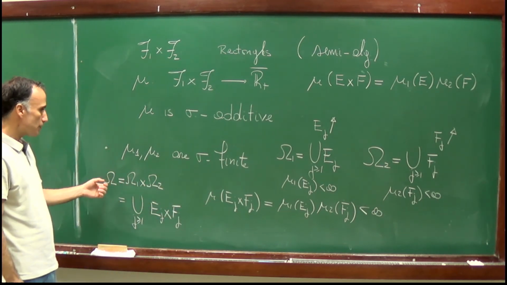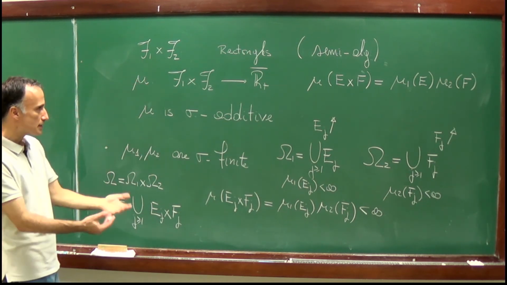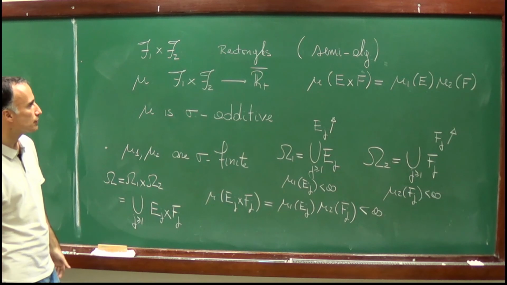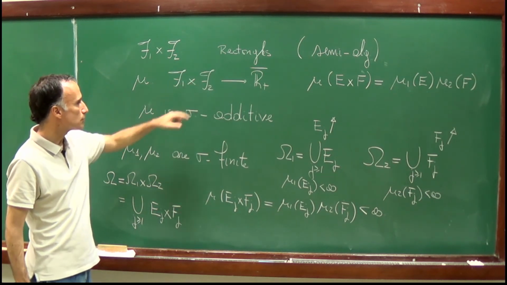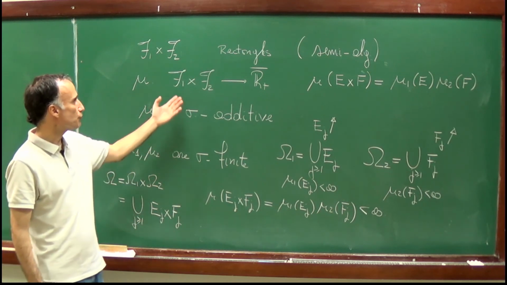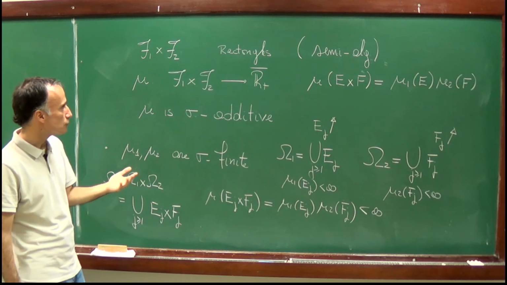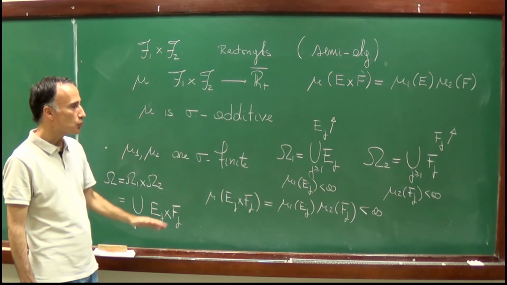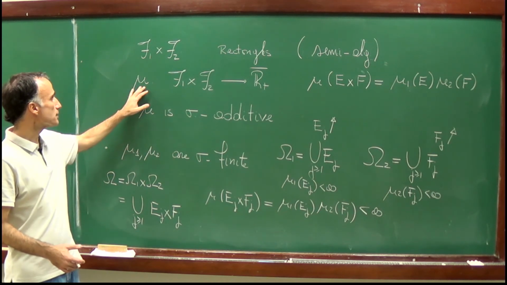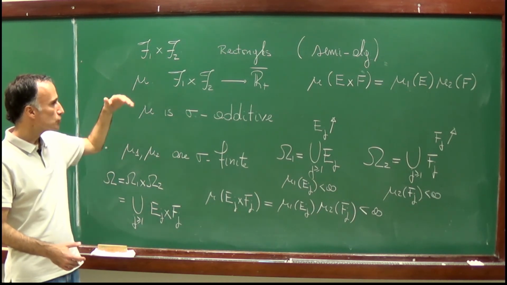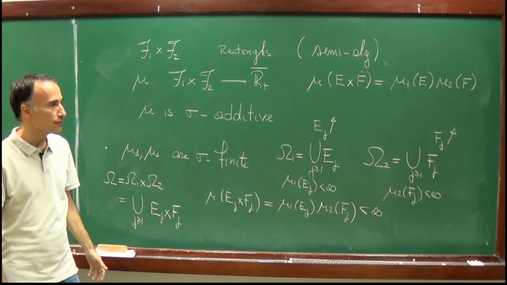Since it is sigma finite for the measure mu, and mu is sigma additive on the semi-algebra, we can extend, by using the extension theorem, mu to the sigma algebra generated by the rectangles, which is exactly the product sigma algebra, which we are representing by F1 star F2. So this concludes the extension, the definition of this measure mu in the sigma algebra generated by the rectangles.